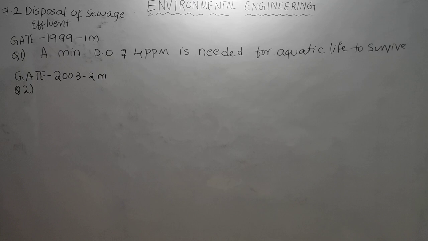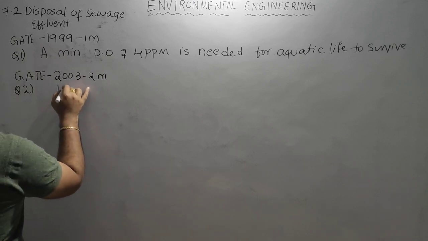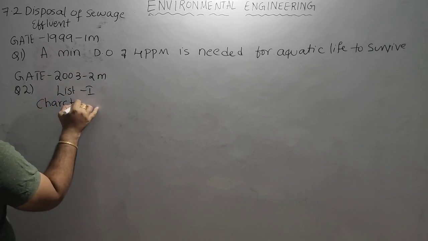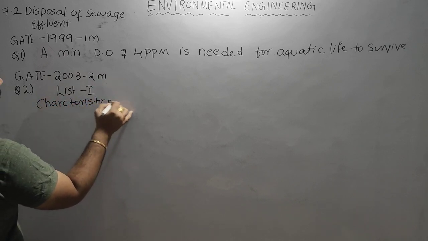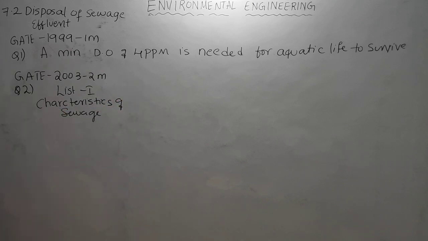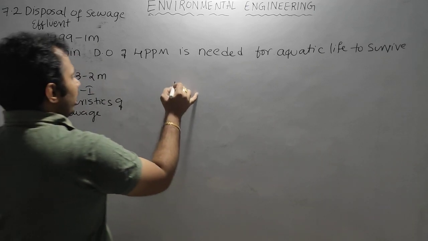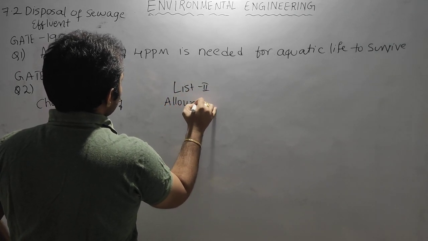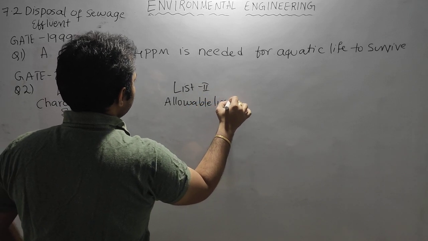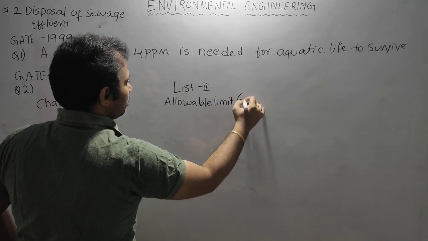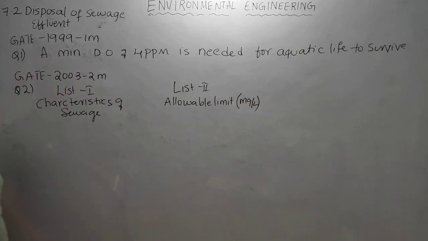List 1 is characteristics of sewage, and list 2 is allowable limit in mg per liter. So choose the correct sequence.